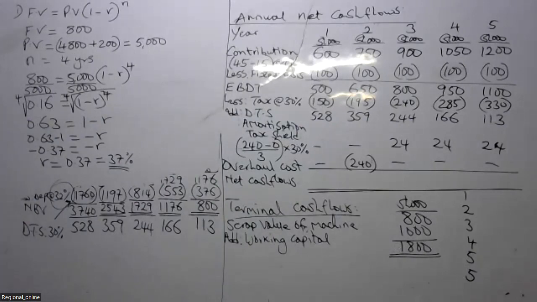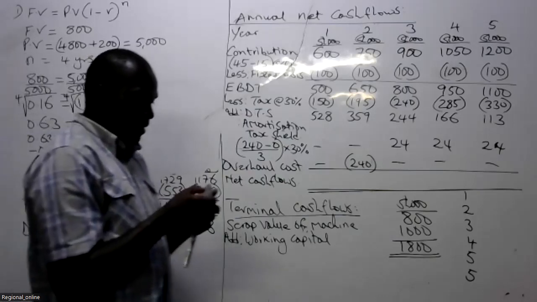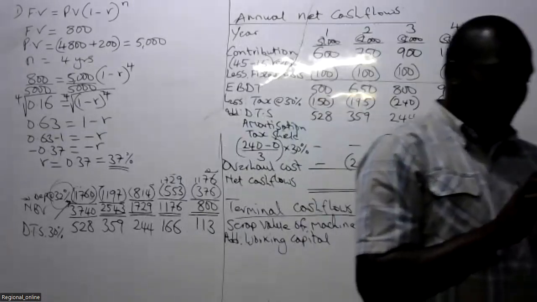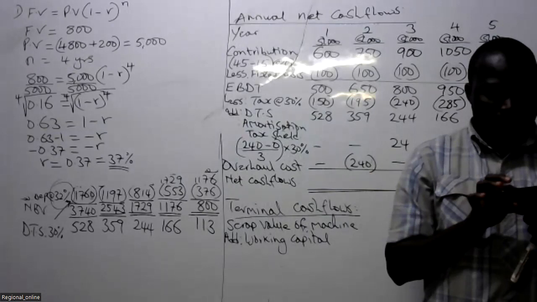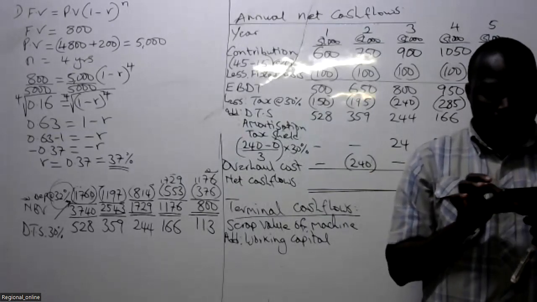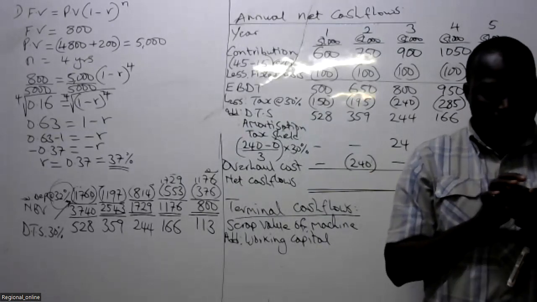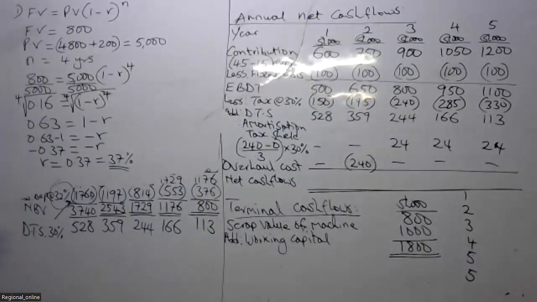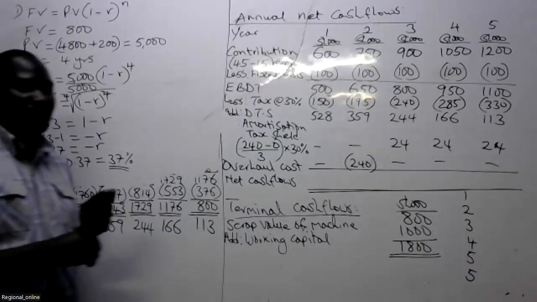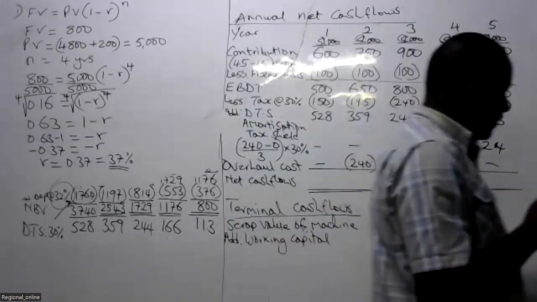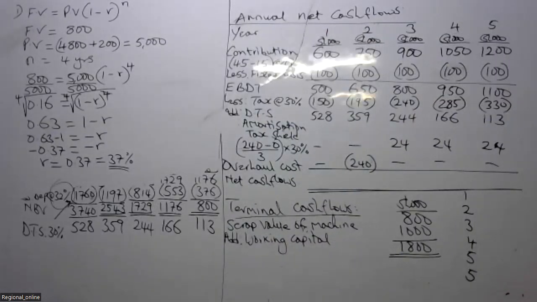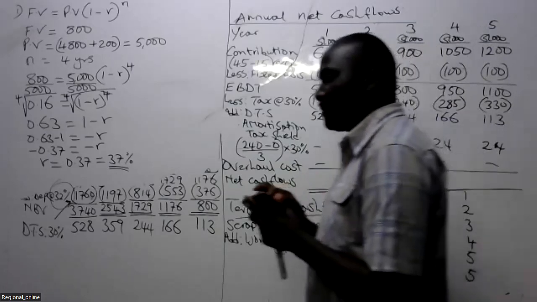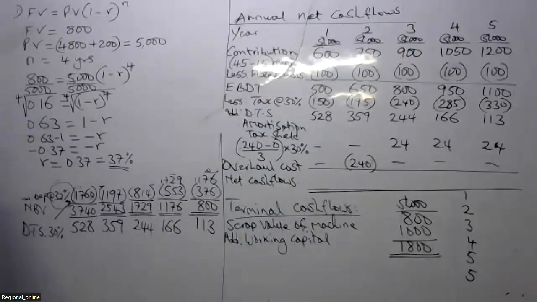Initial outlay. That's right. Why did they have to get difficult just after paying the exam?